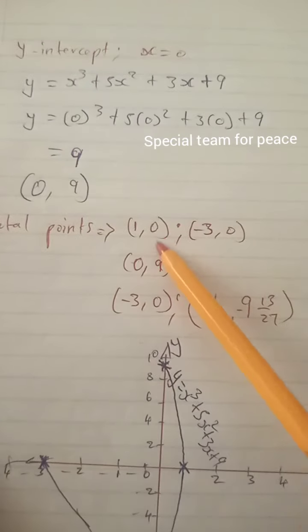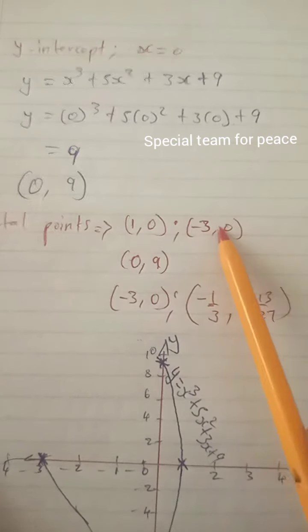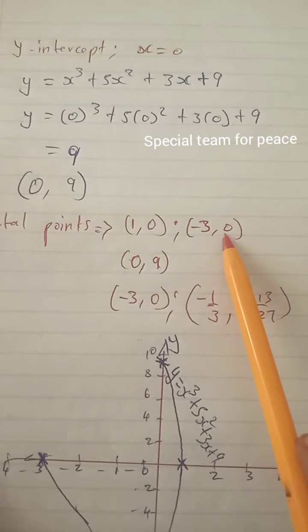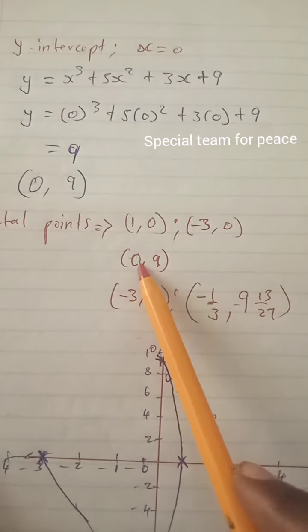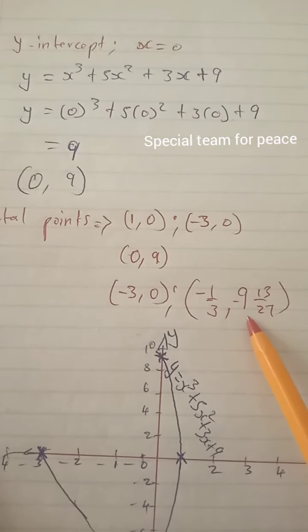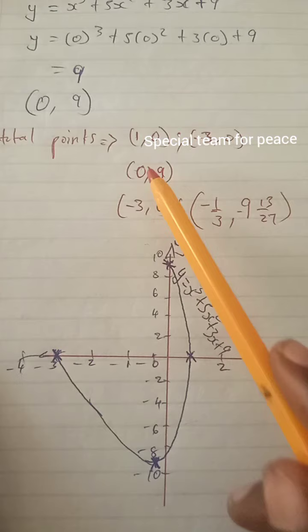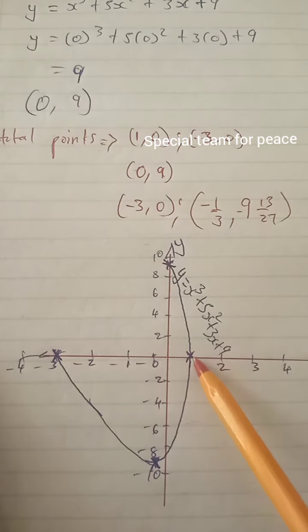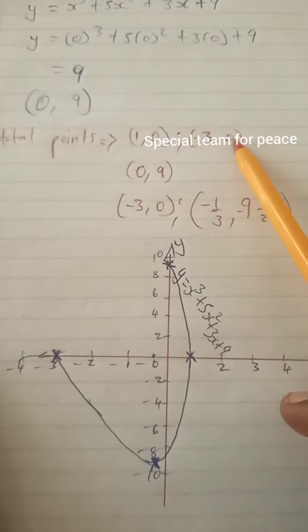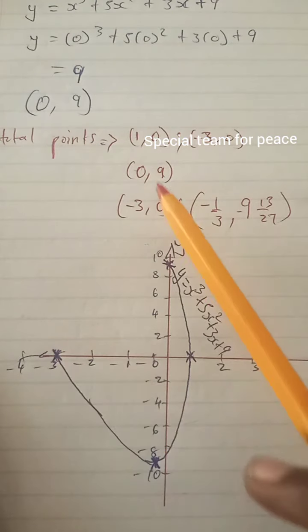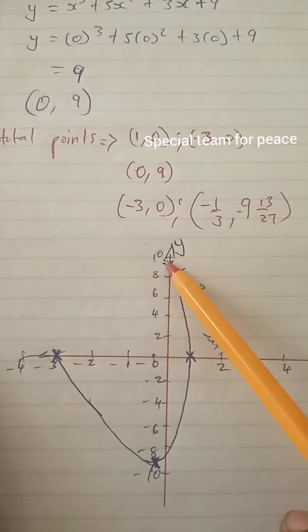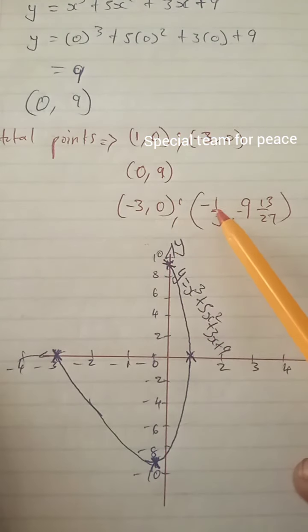So therefore all the points are now here. Remember, this one is from the x-intercept, this one is from the y-intercept, this one is from the turning points. So you choose a suitable scale, then plot. Remember my first value, for example 1, 0 is this one, negative 3, 0 is this one, 0, 9 is this one, then negative a third, negative 9, 13 over 27 is this one.